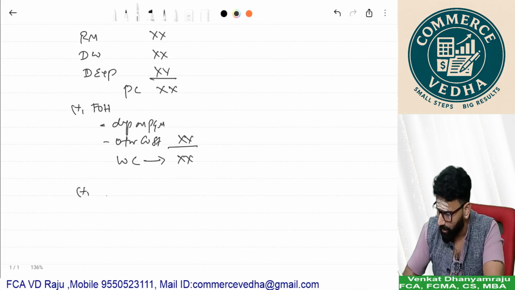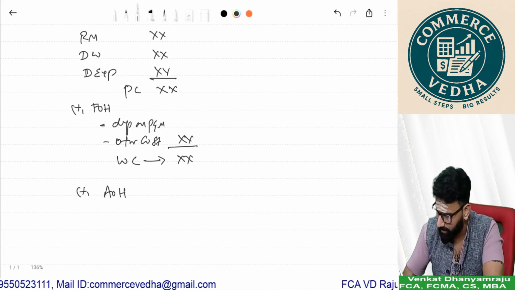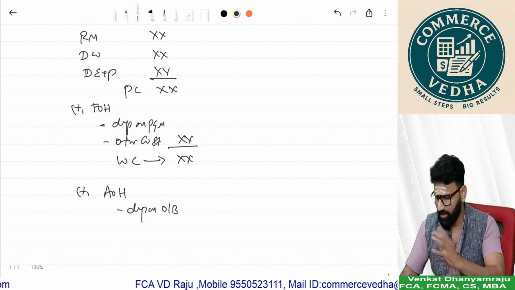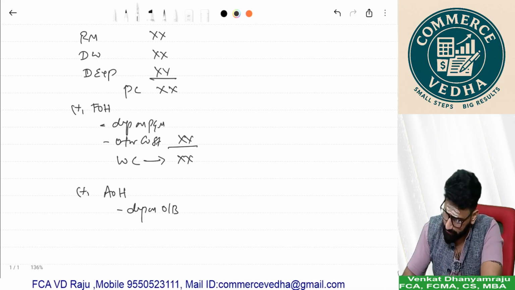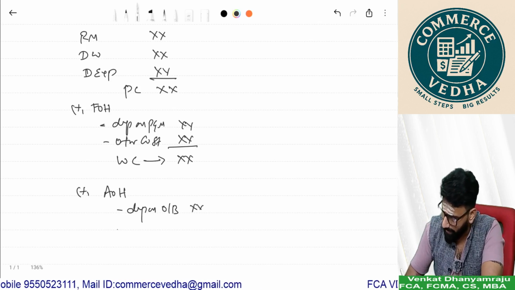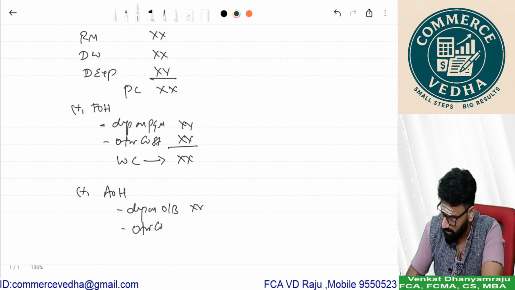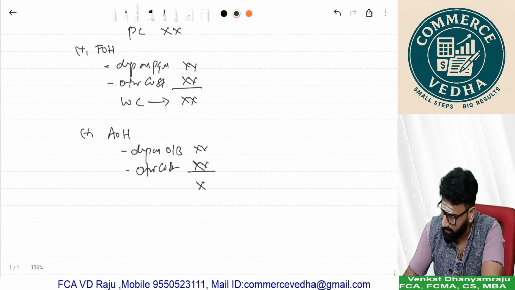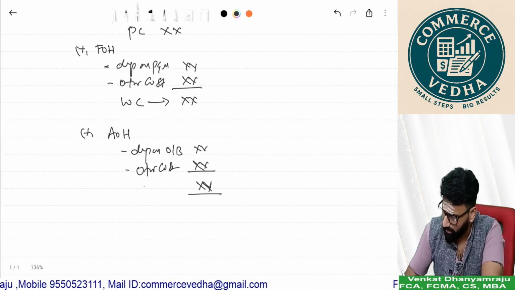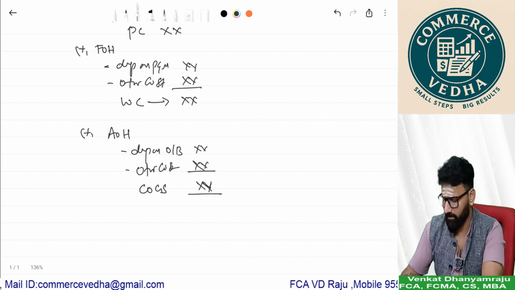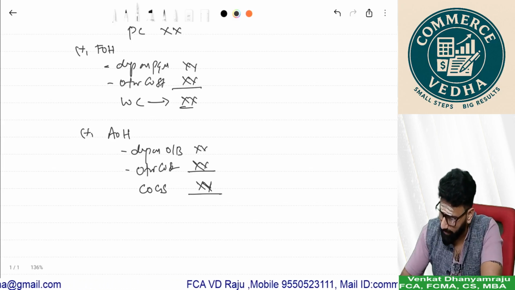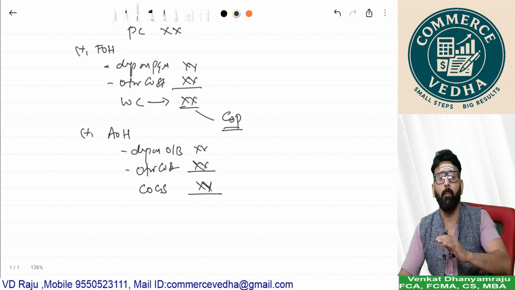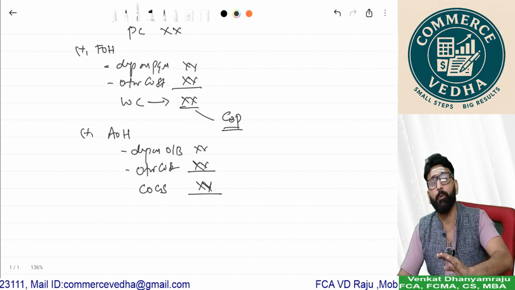Then we add administration overheads. Again, depreciation on office building, furniture and all, plus other cost. So we'll get, what? See, after works cost, we'll also get cost of production when we add or deduct work in progress.